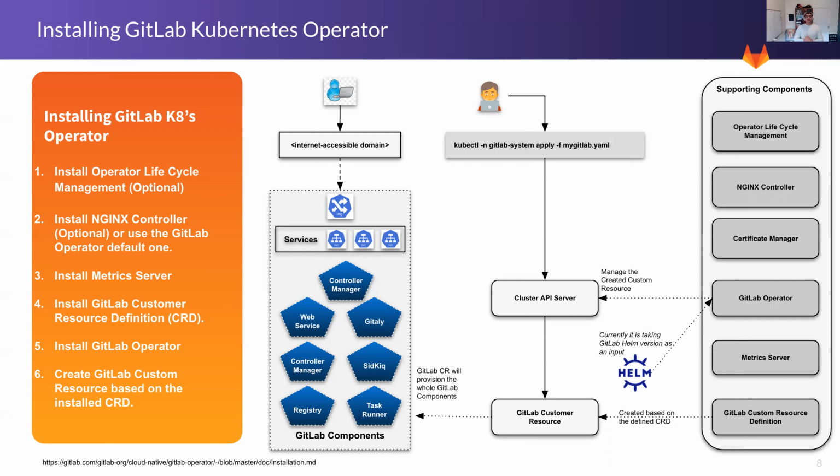A main step, number 4, install the GitLab custom resource definition. And this is exactly where you say, Mr. Kubernetes, by the way, here is a definition for a new object or custom resource, which is in our case GitLab. So next time when I use a kind GitLab, you know what I mean, right?